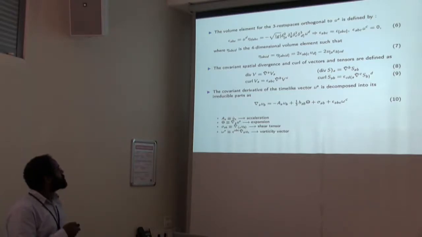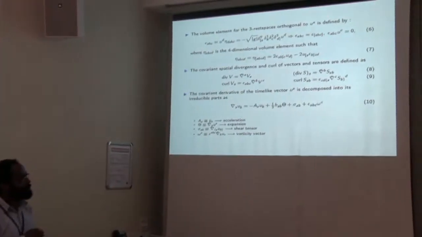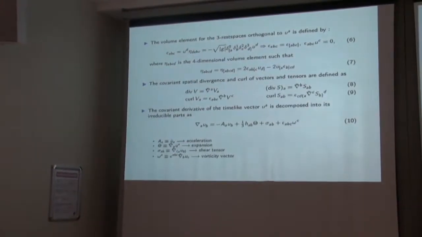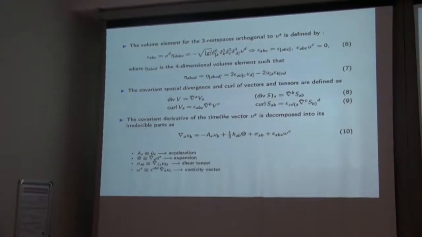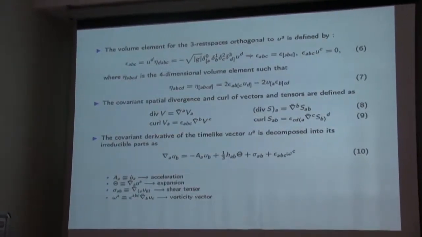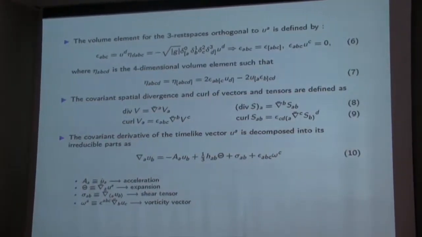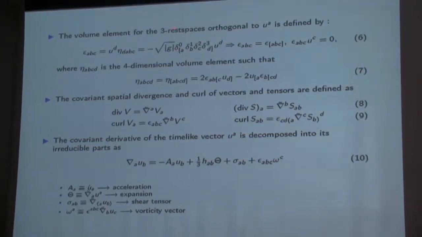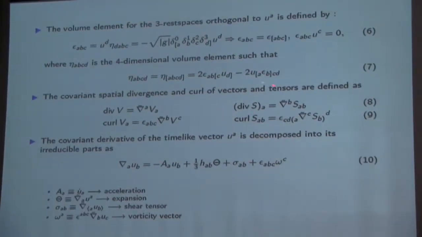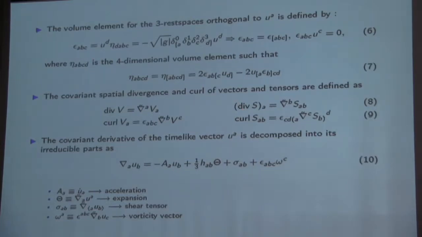We define the volume element of the three-dimensional rest spaces orthogonal to the four-velocity vector by this quantity here, which we use to define the curl of vectors and tensors. The covariant spatial divergence and curl of those tensorial quantities will be defined as such.